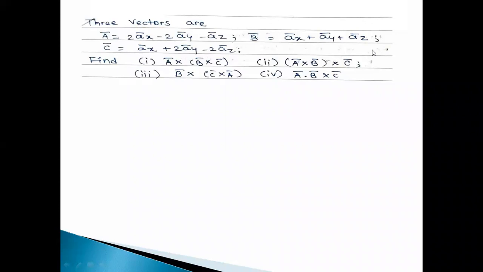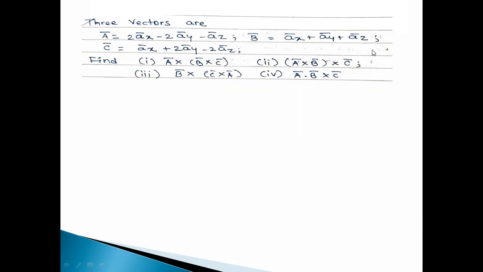Cross product. First you solve the cross product, and then take the dot product. For all examples, it will be easy for you, because if you take a bar dot b bar first and then the cross product, it is always a scalar quantity, and then you would have to take the cross product again.